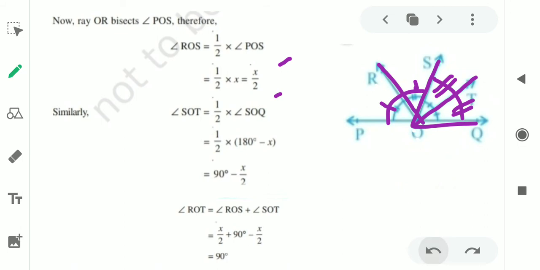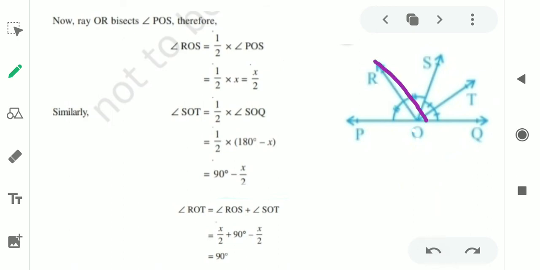Now, we need to find angle ROT. ROT is the sum of these two angles, ROS and SOT.